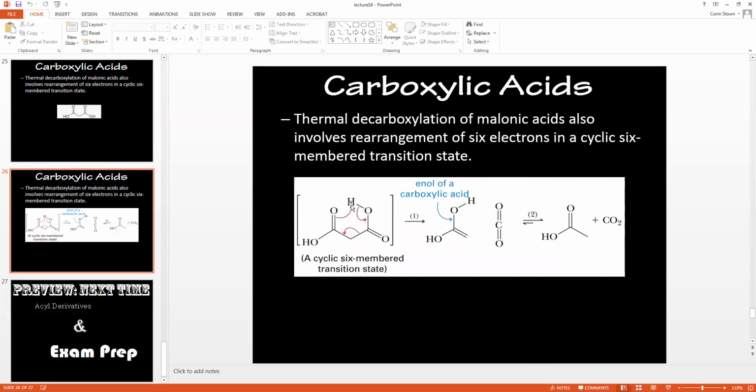Again, the oxygen takes the hydrogen, the electrons from this bond come down to form a double bond. I then break this bond to form my enol. That enol then rearranges, and I'm able to form my products, in this case, carbon dioxide and a carboxylic acid.